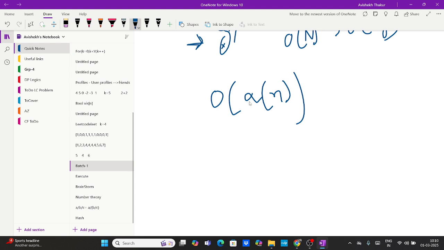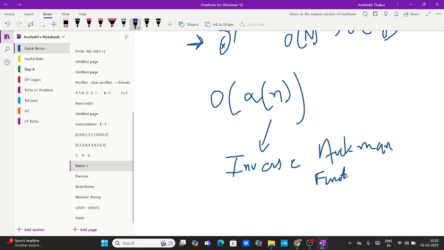big O of alpha n. It's very important to know, this is known as the inverse Ackermann function. And surprisingly, this is less than or equal to 6, the number of operations.